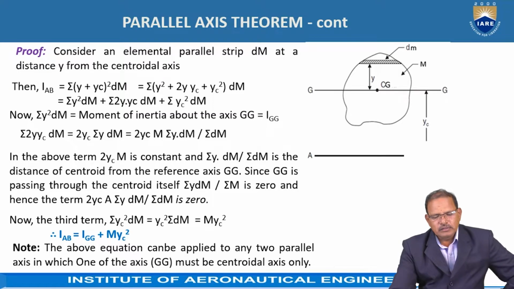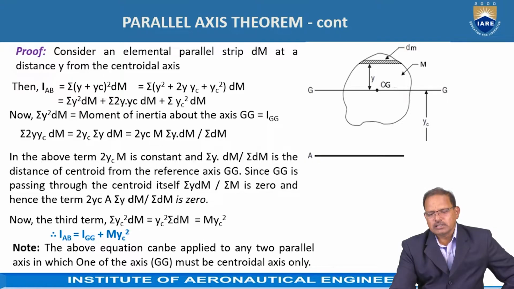Proof. Consider an elemental parallel strip dm at a distance of y from the central axis as shown in figure. Let GG represent the central axis, which is passing through the centroid of the body. Let line AB be the reference line which is parallel to GG as shown in figure.